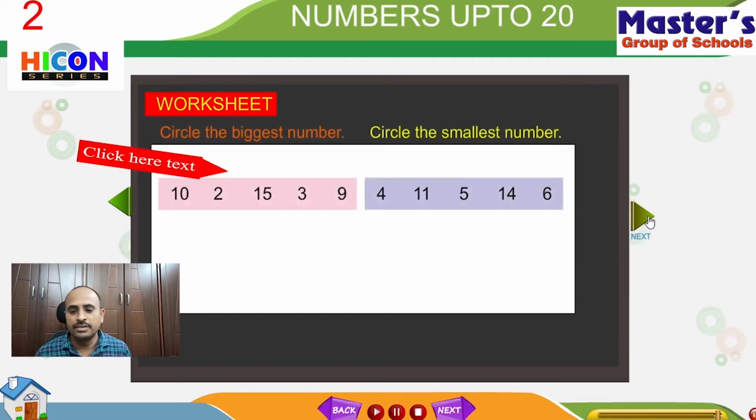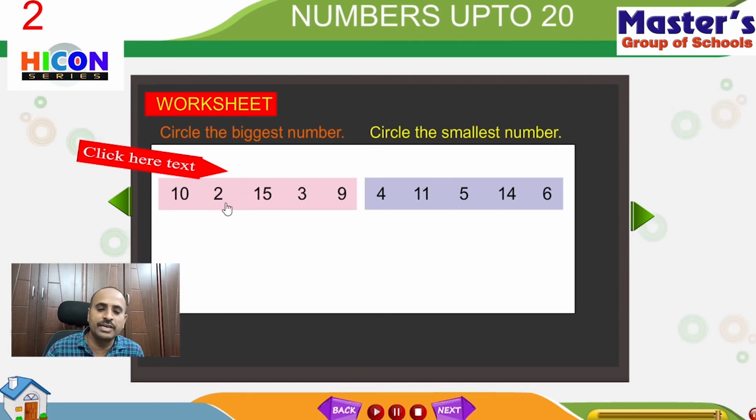So children, see the next activity on the comparison of numbers. So here circle the biggest number. So see the first set of numbers. There are 5 numbers given in the first set, that is 10, 2, 15, 3, 9. Now we have to circle the biggest number among these 5 numbers.